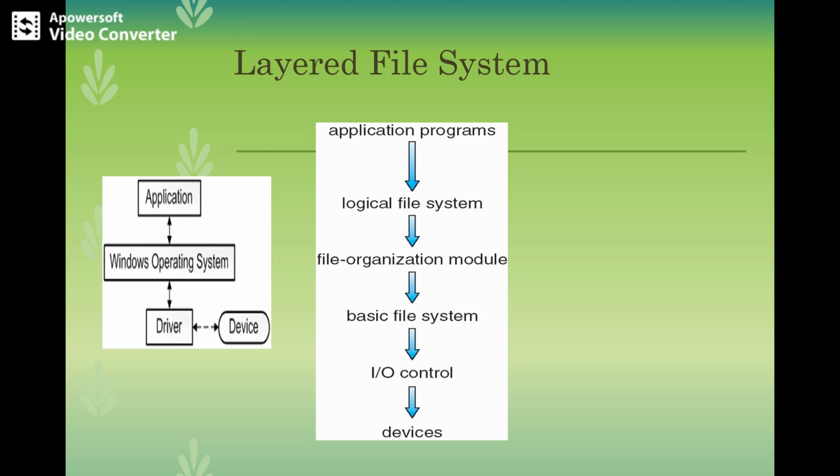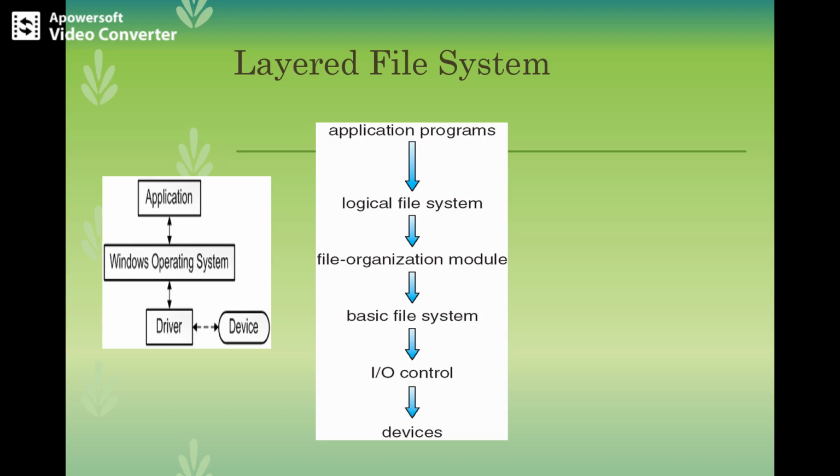This logical file system maintains the metadata information. As you know, metadata includes all the file system structure, excluding the actual data. So this logical file system manages the directory structure to provide the file organization module.